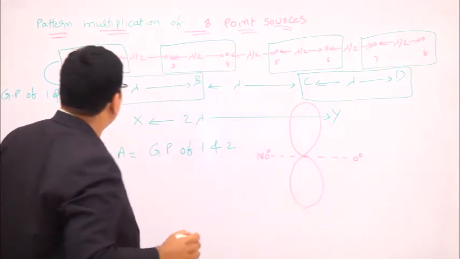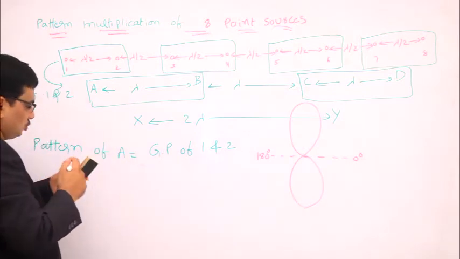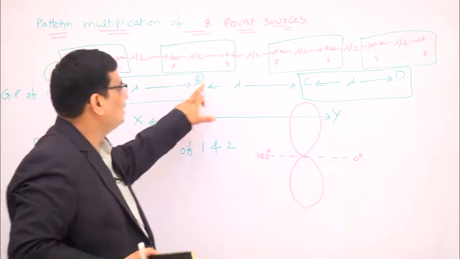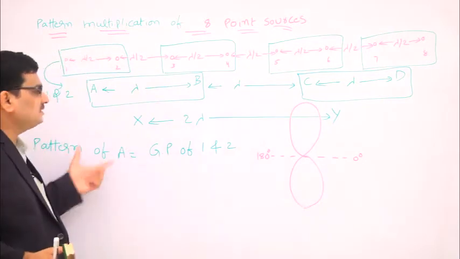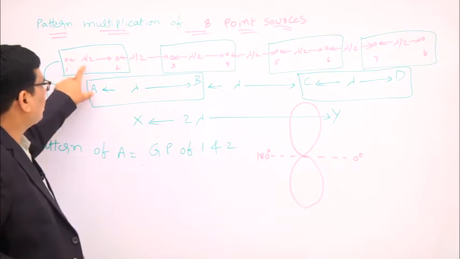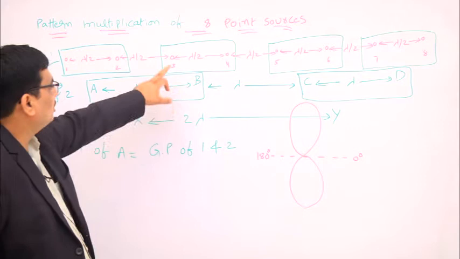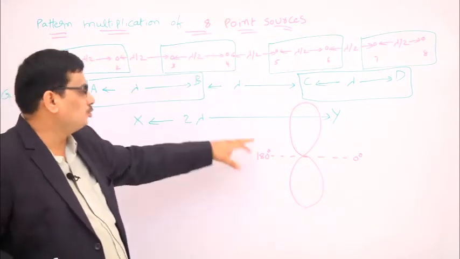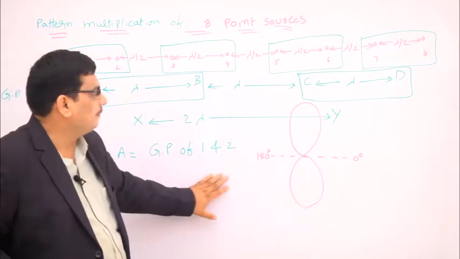Group pattern of A means the group pattern of 1 and 2, and for all the elements A, B, C, D the group pattern is the same. For A it is the group pattern of 1 and 2, with separation between two elements lambda by 2. For B the group pattern is again separated by lambda by 2, and likewise for 5 and 6 everything the group pattern is the same.